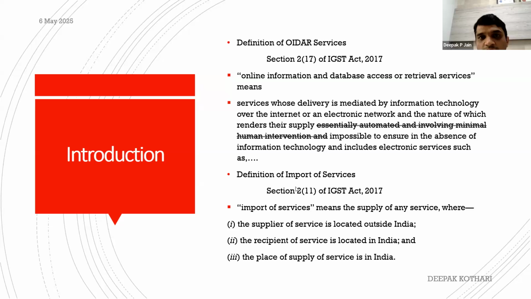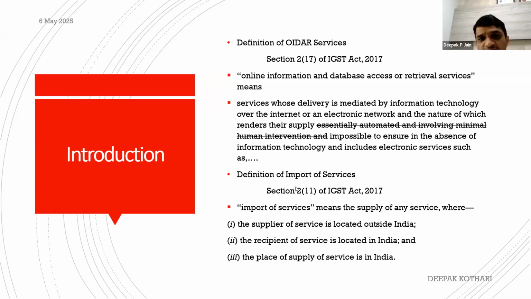So this is more of a broader definition wherein they have not specified the nature of service. They've said that for any service, if the location of the supplier and receiver is decided and place of supply is decided, then that tantamounts to import of service. The supplier has to be outside India, the receiver has to be in India, and the place of supply should be in India. That will tantamount to import of service.